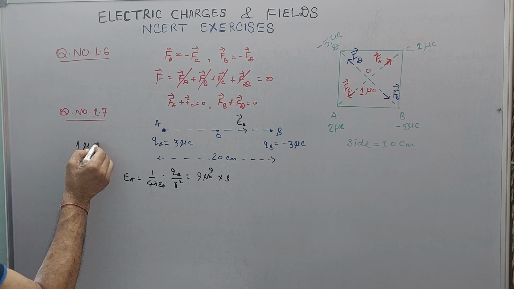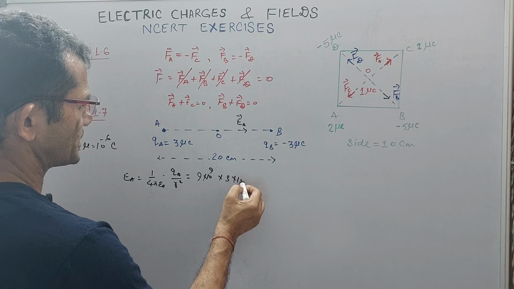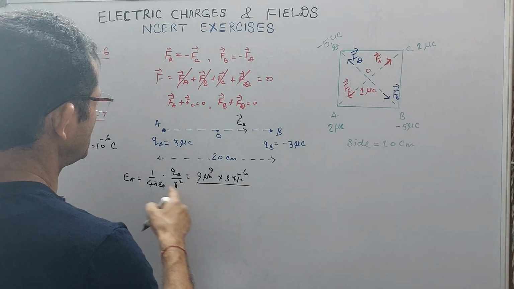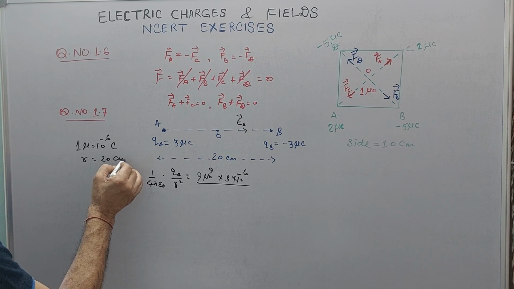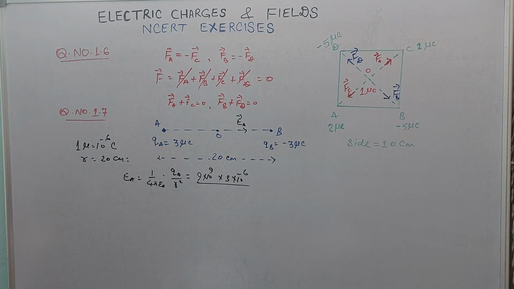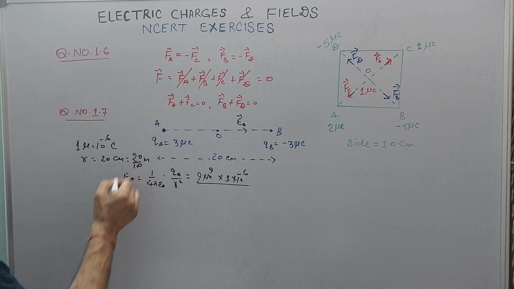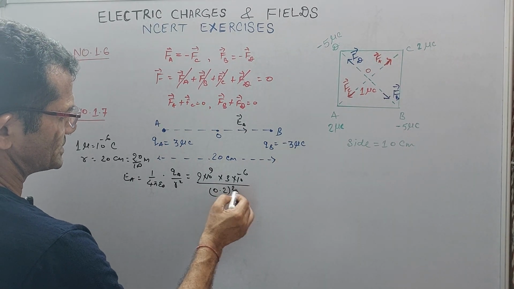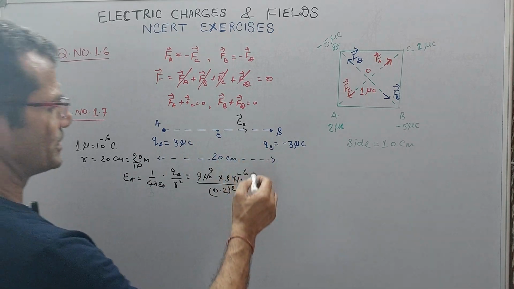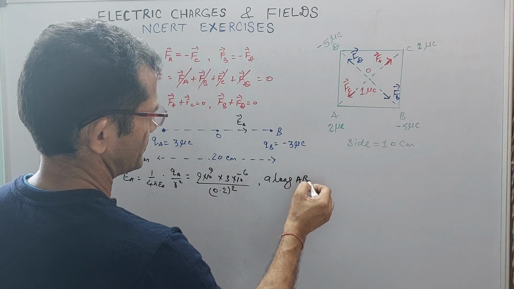Micro means 10 raised to the power minus 6 coulomb. So it will be 3 times 10 to the power minus 6 coulomb divided by your distance. Distance is 20 centimeter. Convert it to meter, divide by 100, so 20 upon 100 meter, which is 0.2, whole square. Now this is the magnitude, and the direction will be along AB.